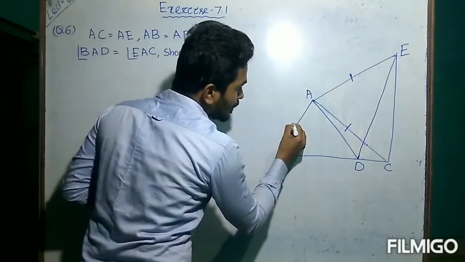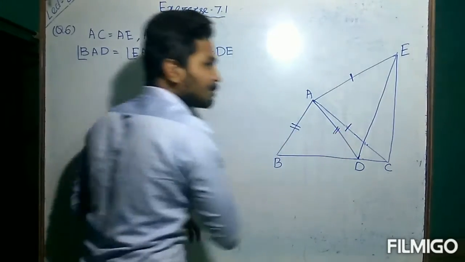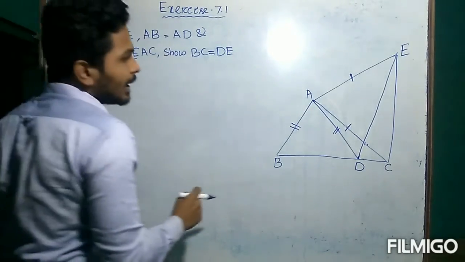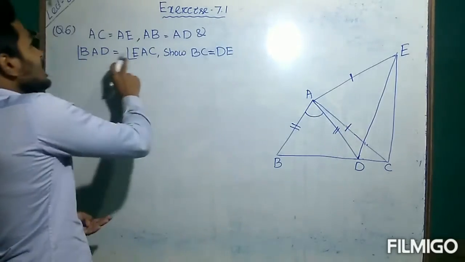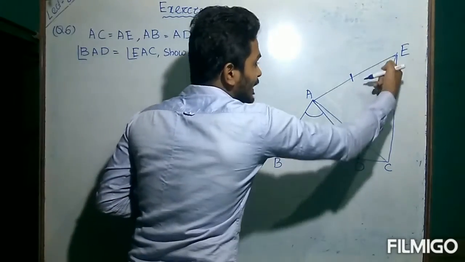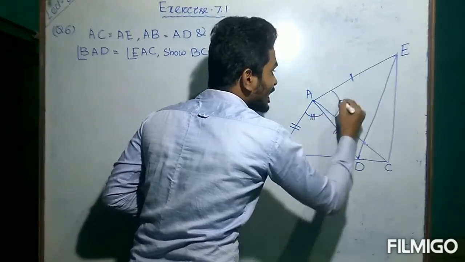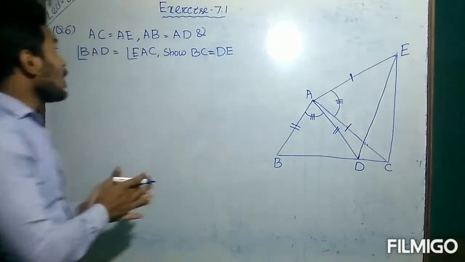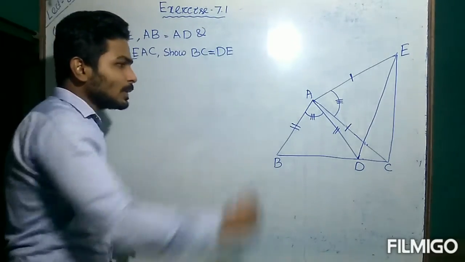AB means this is AB. AB is equal to AD. Right? And angle BAD, this angle, is equal to EAC, this angle. So it is given that this angle is equal to this angle. Now from this data you have to prove that BC is equal to DE.